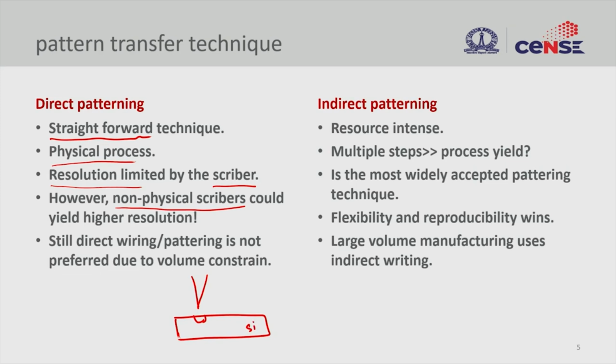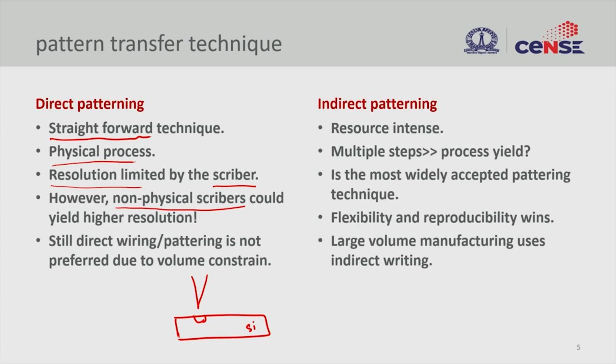And these non-contact techniques could yield slightly higher resolution. And we will see later on in the lithography lecture that the mass of the particle that you use has a direct influence on the resolution, right? So if you use ions, you can have better resolution.